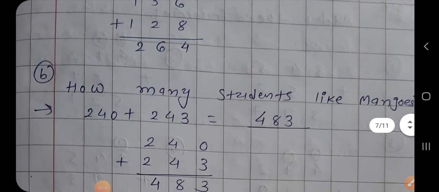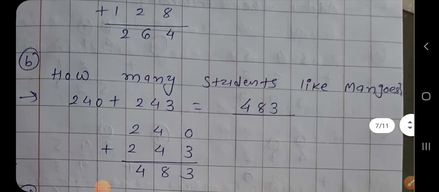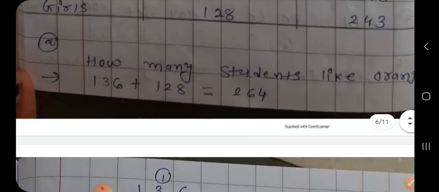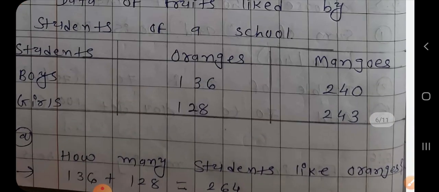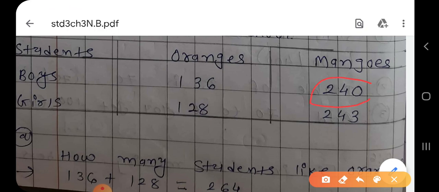Then the second question, how many students like mangoes? Here you can see that a total of 240 boys like mangoes and 243 girls like mangoes.